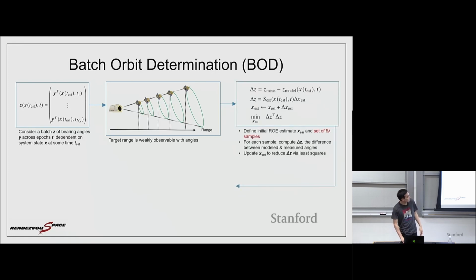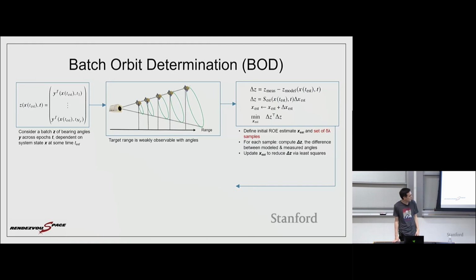So we define an initial relative orbit element estimate, x, and a set of samples of delta lambda. We say that we think delta lambda is anywhere between 0 and 500 kilometers, and we sample that window.